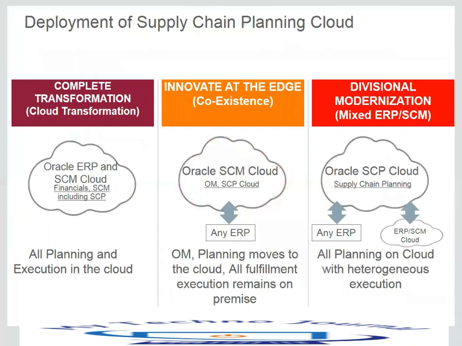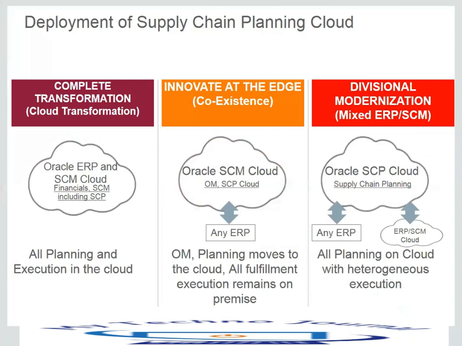So this is the deployment of Supply Chain Planning Cloud. These are the three ways, by and large, in which you can make your planning cloud exist. First is complete transformation.